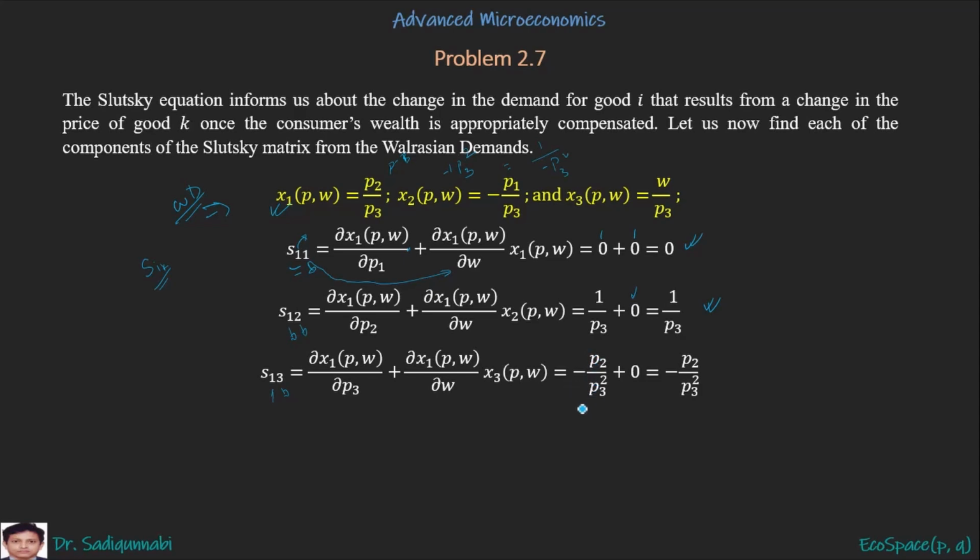There is no W here, so it is 0. Similarly for 2 1, good 2, price 1, there is no p2 here, so 0, and minus 1 by p3.